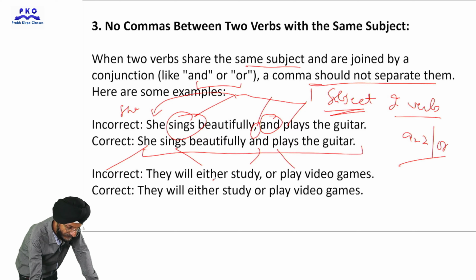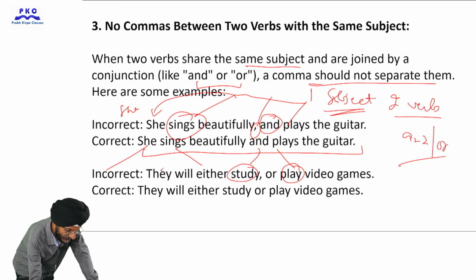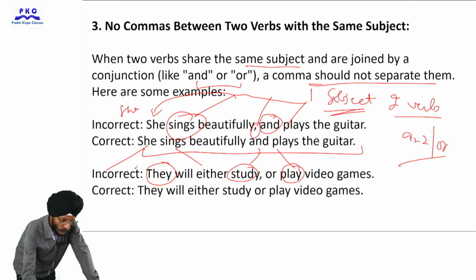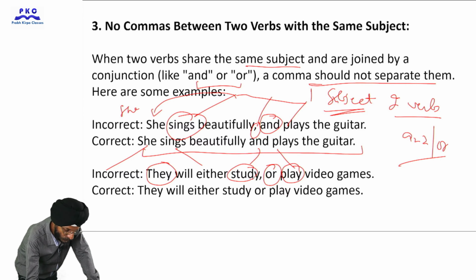Next is they will either study or play video games. Here study is the verb, play is another verb. Two verbs are there. They is the subject, or is the conjunction. There should not be a comma in between. It is wrong.